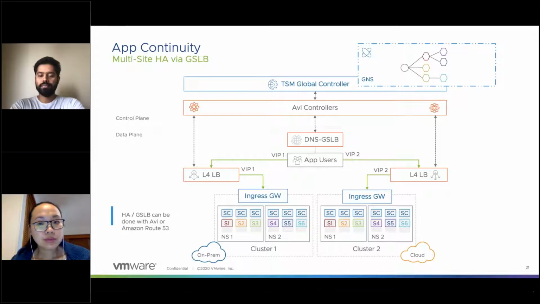With this setup, what we can now achieve is once you have applications deployed on both the sites, on-prem as well as cloud, and you want to expose one of your microservices, let's say one of your front-end microservices, to the outside world using a public service construct, right? You can do it within a GNS.